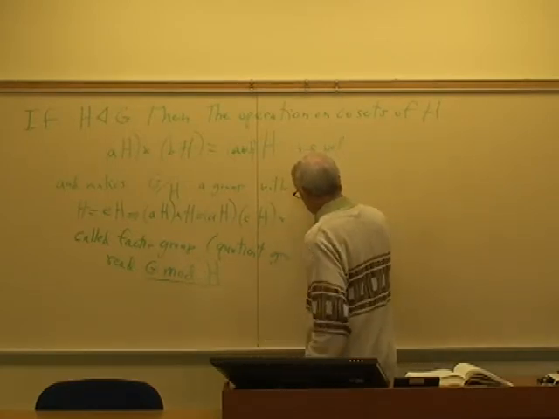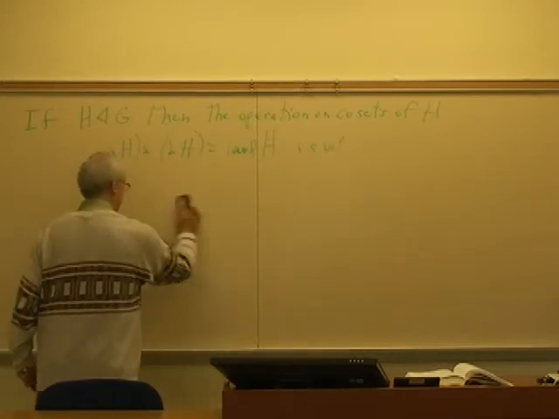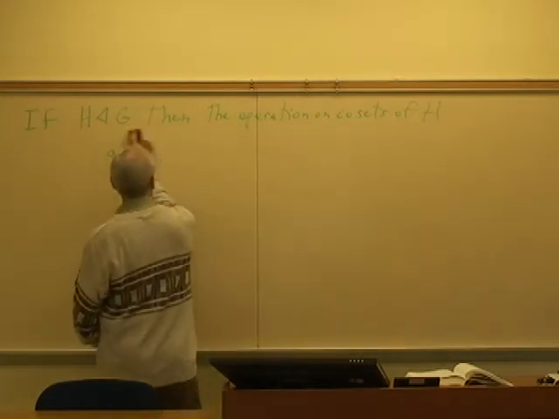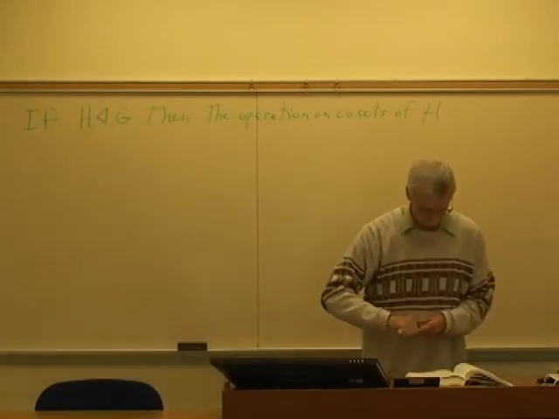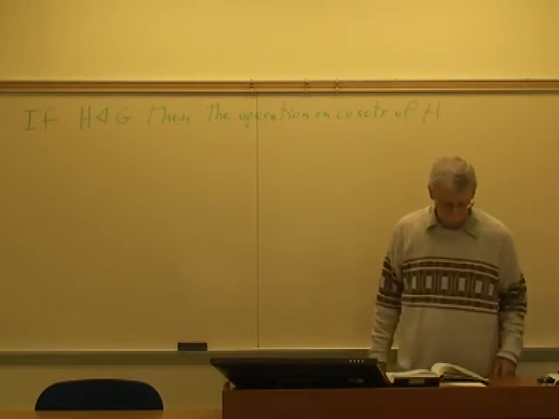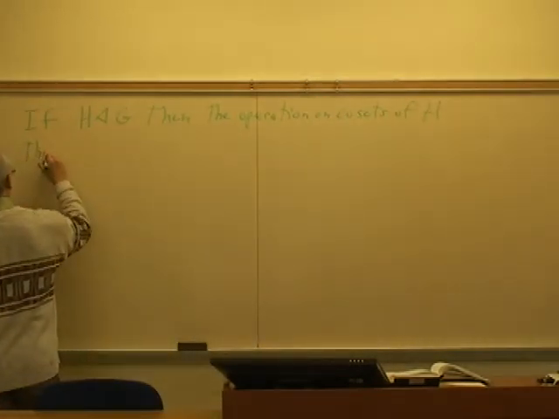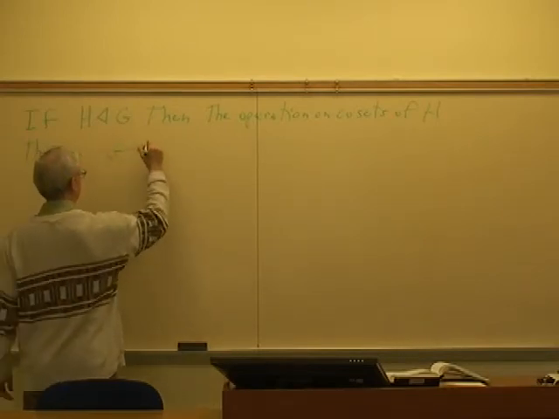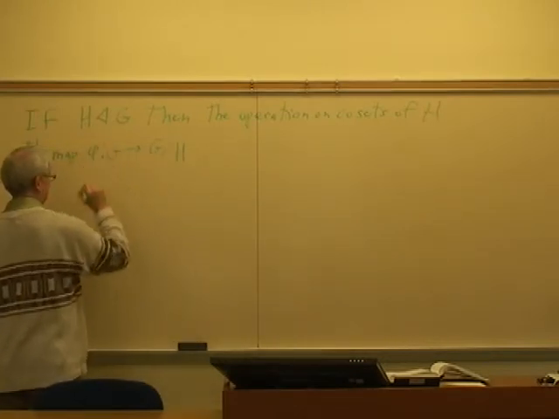These have some properties, besides the one we've identified, that the normal subgroup itself is the identity in the quotient group. Okay. Consider a map from G to G mod H, call it phi.